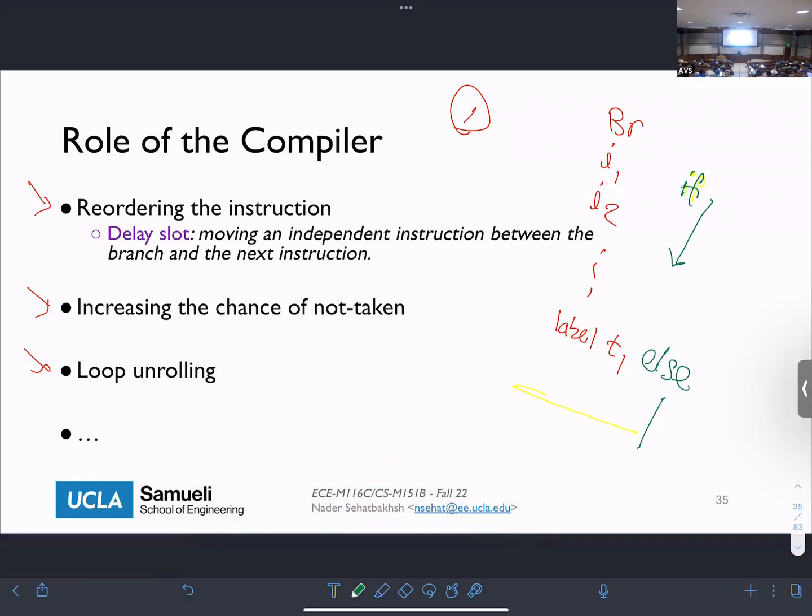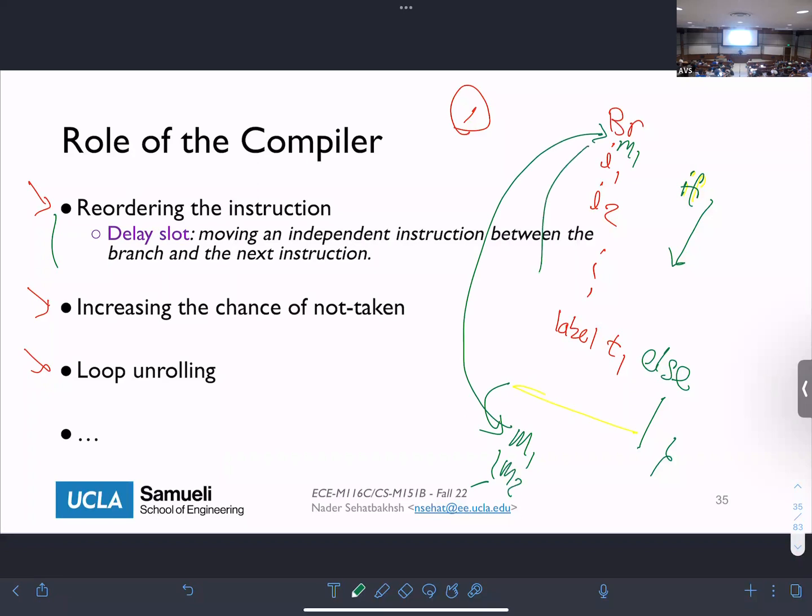And at some point here, maybe call it M1, is when the else condition also ends, right? Regardless of whether we take the if or else branch, at some point both of them converge to M1. So what we can do is, if the compiler can find this M1, it can push this M1 up here, of course if there is no dependency, meaning it is independent from the rest of these instructions.